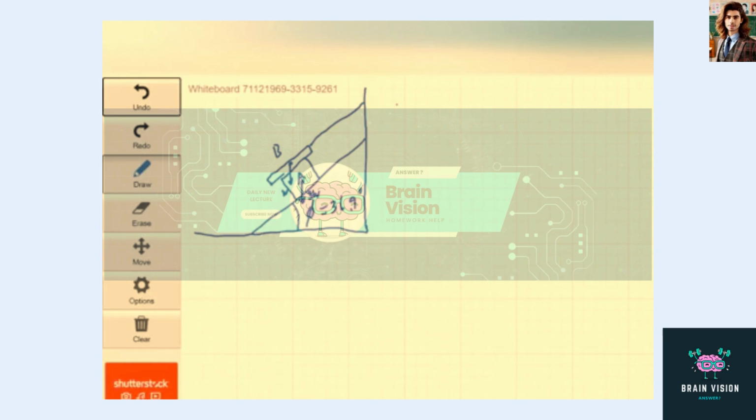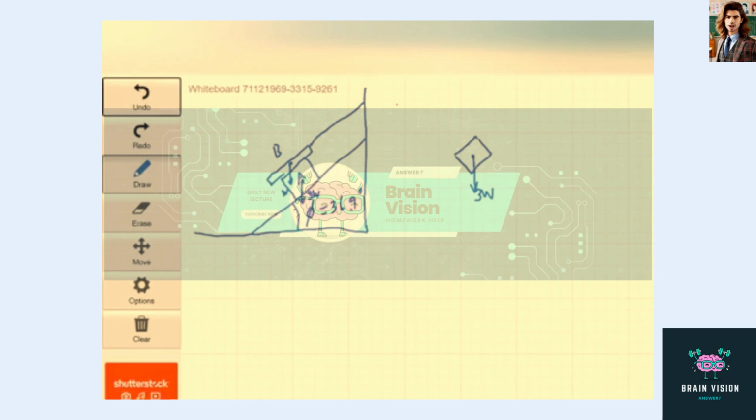So I need to draw the forces acting on block A. So here's block A. Okay, so it's got its weight here. It's got a frictional force that's opposing its motion. But I guess it would have two frictional forces.